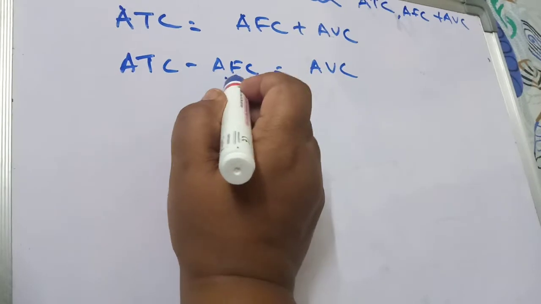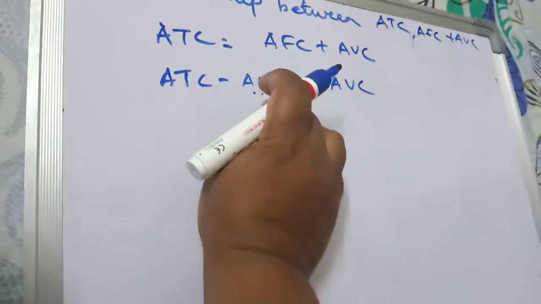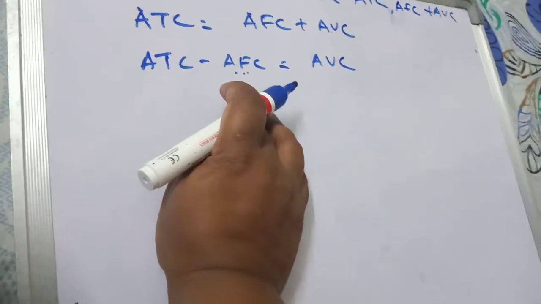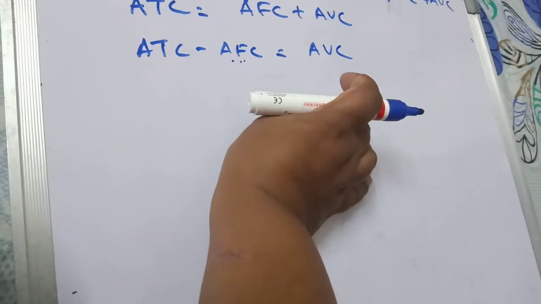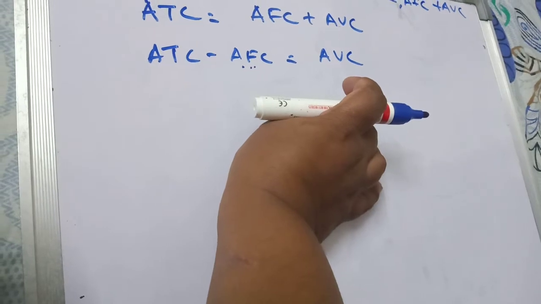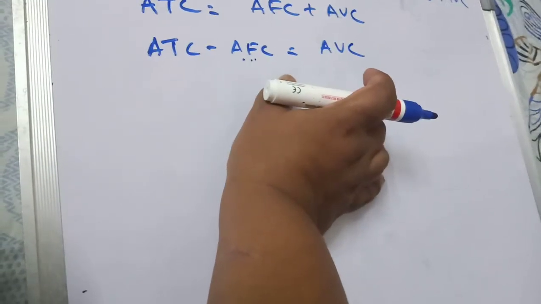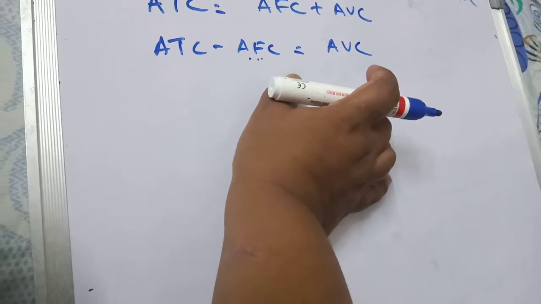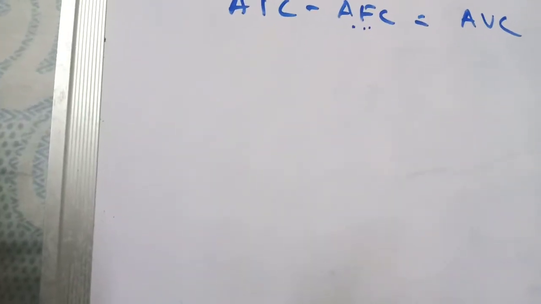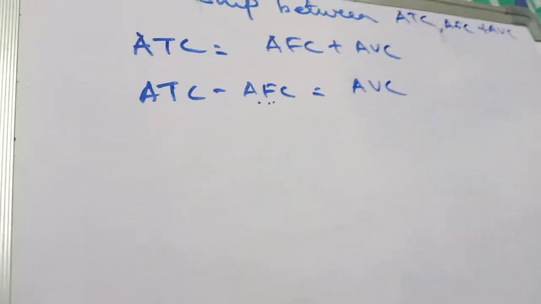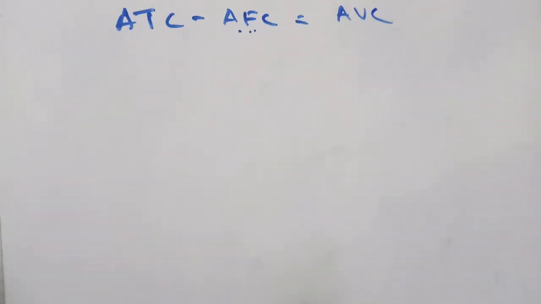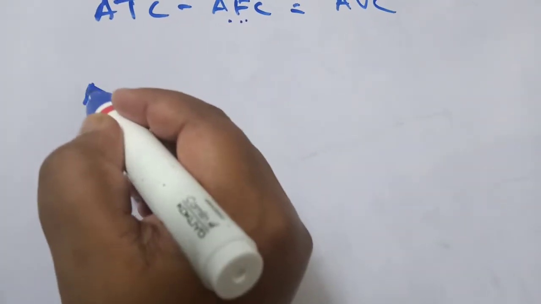Now the value of AFC goes on falling, if you remember, which means the difference between ATC and AVC will also go on diminishing as you increase the output. So the gap between ATC and AVC will go on diminishing, because the gap between ATC and AVC is AFC, and the value of AFC constantly falls with the increase in production. Now we're going to make the diagram so that it is easier for you to understand.